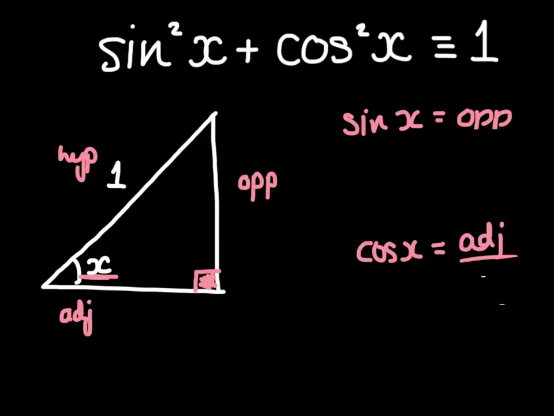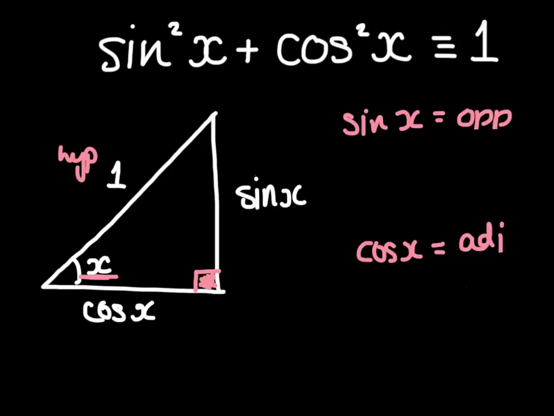So now we have expressions for the opposite and the adjacent just by using GCSE trig. The opposite we could rewrite as sine x, and the adjacent we could rewrite as cos x.